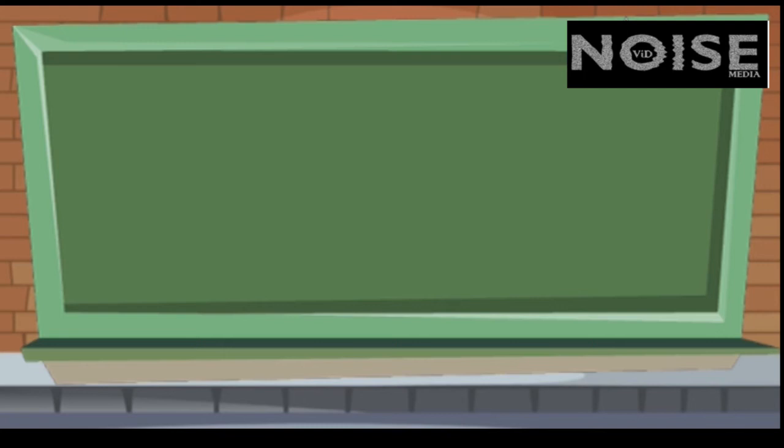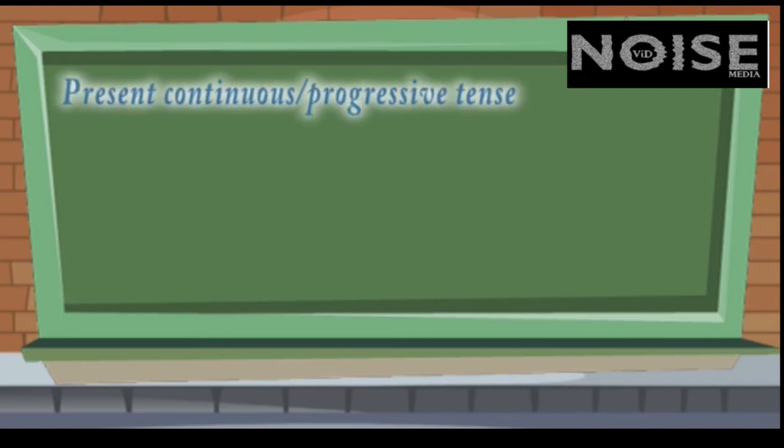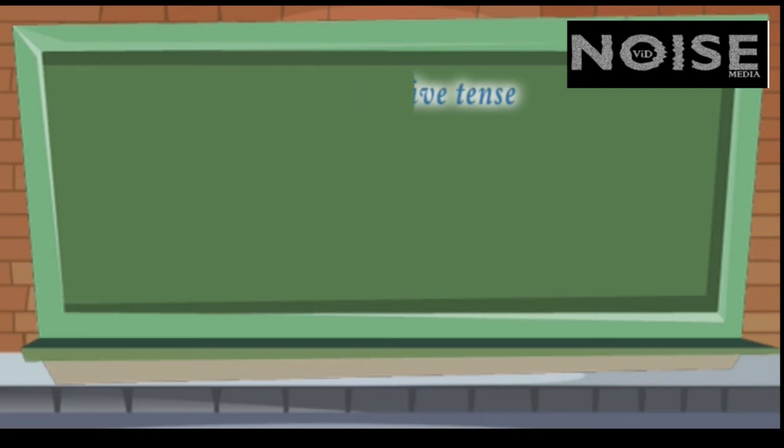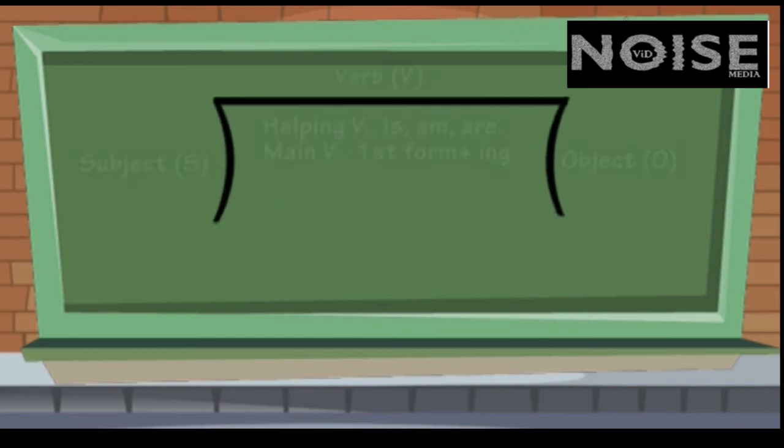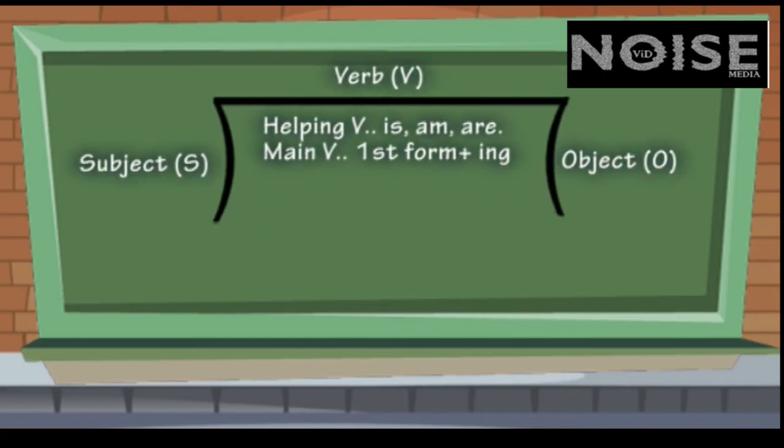Now we'll move to the second tense, that is present continuous or present progressive tense. The form, I would say, is even easier. That is SVO, but what comes here is a helping verb. Helping, to help somebody. In English, there are certain verbs which are used to help main verbs, and these are is, am, are, or have, has, or do, does.